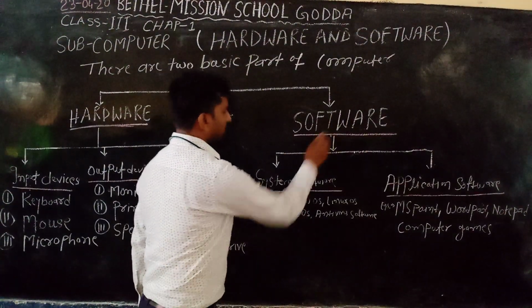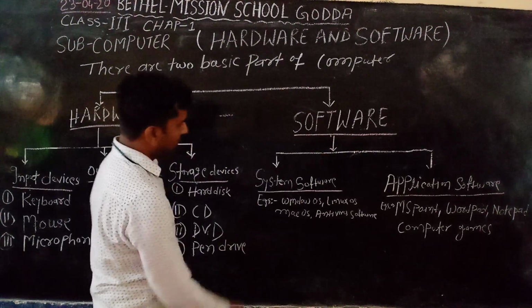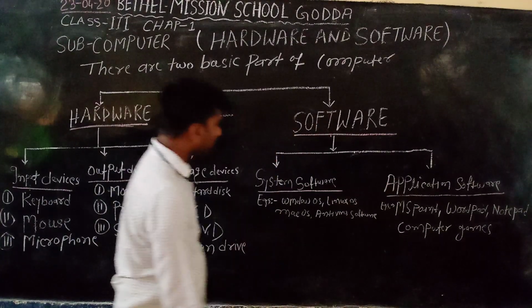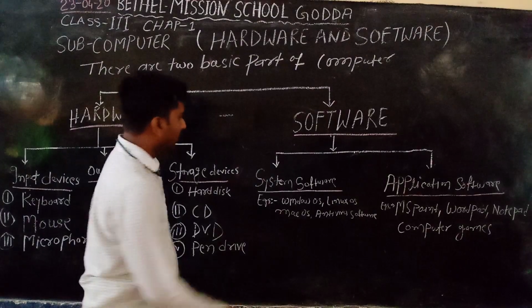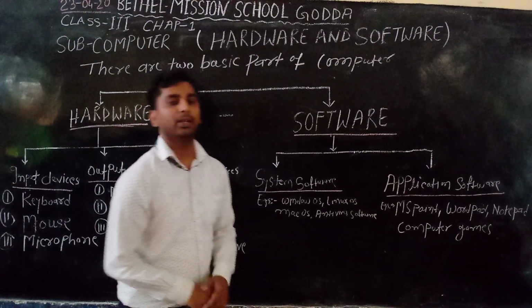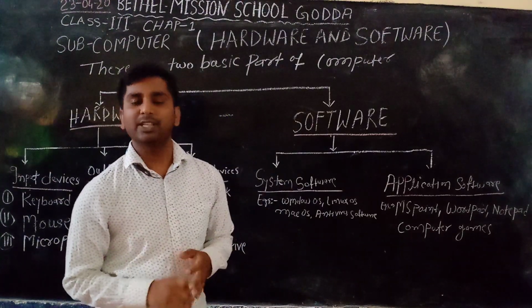Now, second is software. There are two types of software: system software and application software. System software. What is system software? System software performs the basic functions of the computer.